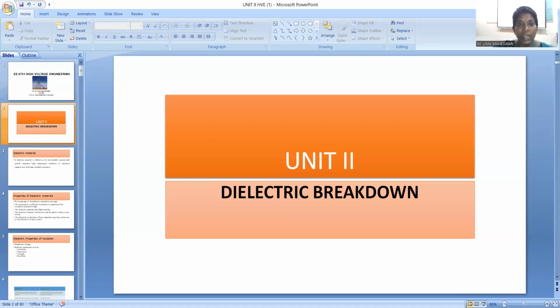N naught dash is the number of electrons due to the secondary ionization process, which can be given as N, the number of electrons reaching the anode, minus the total number of electrons due to emission, that is N naught plus N naught dash, multiplied by the Townsend's second ionization coefficient gamma on the right hand side. So, N into gamma minus N naught into gamma minus N naught dash into gamma.